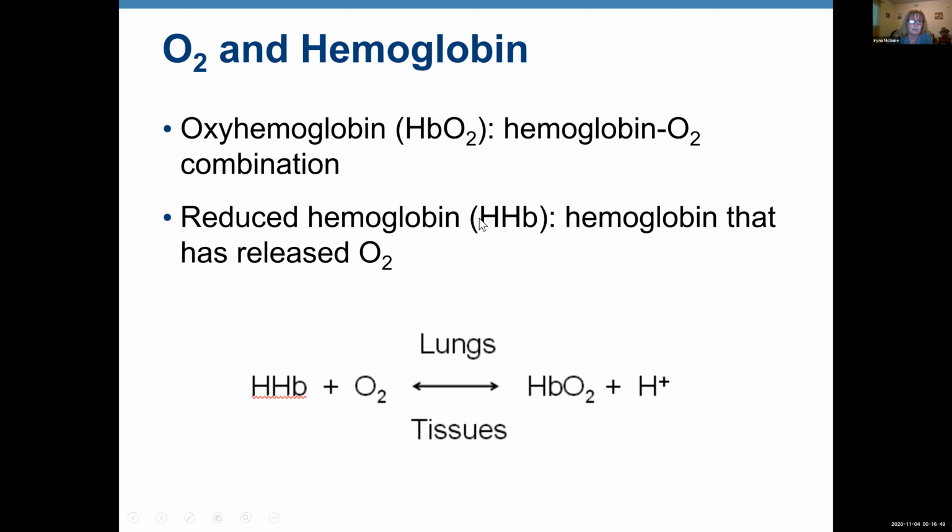It's abbreviated HHb, hemoglobin that has released oxygen. So when oxygen is attached in the lungs, we have oxyhemoglobin; in the tissue, we have reduced hemoglobin.